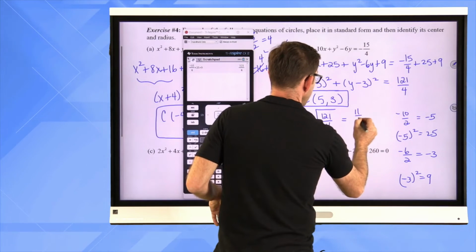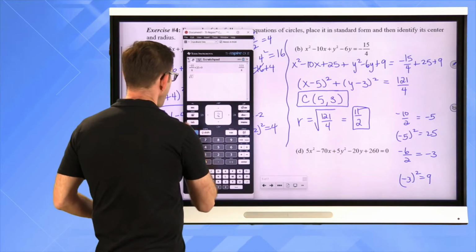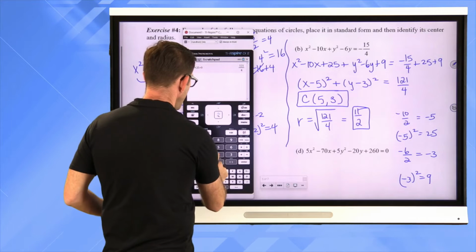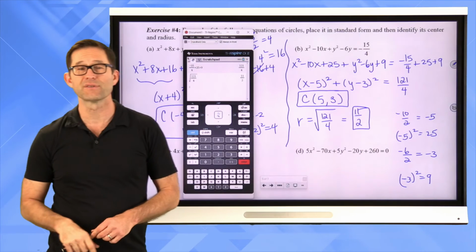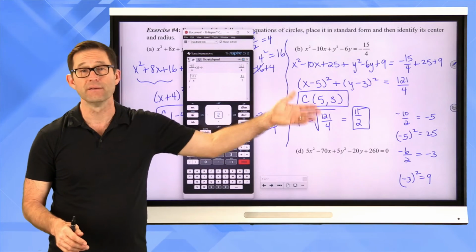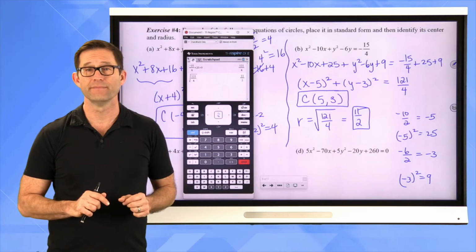So I can get 11 halves as my radius. You can also just take your calculator and ask it for the square root of 121 fourths, and it will tell you 11 halves. All right, so again, you've got that calculator option there just to feel confident about it.